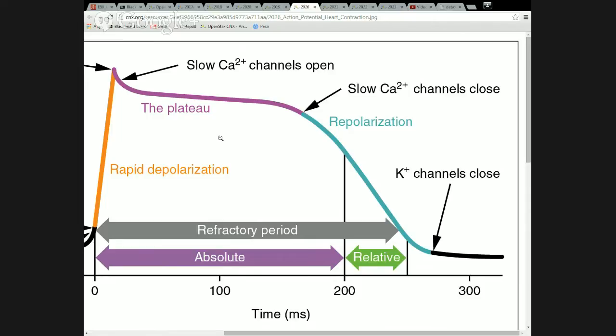What's happening during contraction? Are they stimulated by the neurons? We're past that. I've already told you that calcium is being released from the sarcoplasmic reticulum. So what's causing contraction?